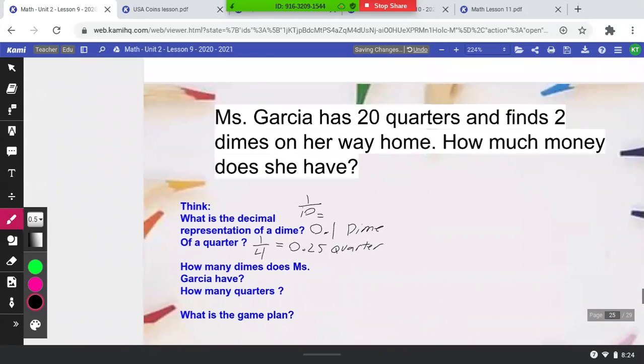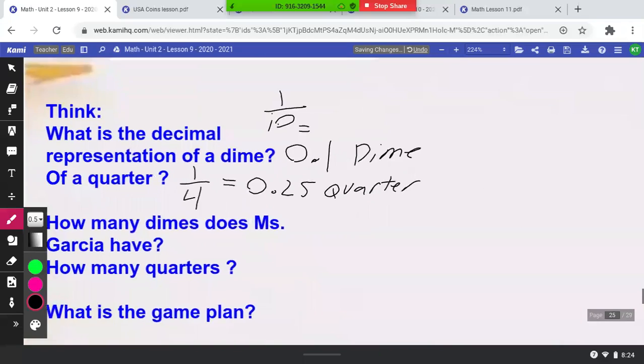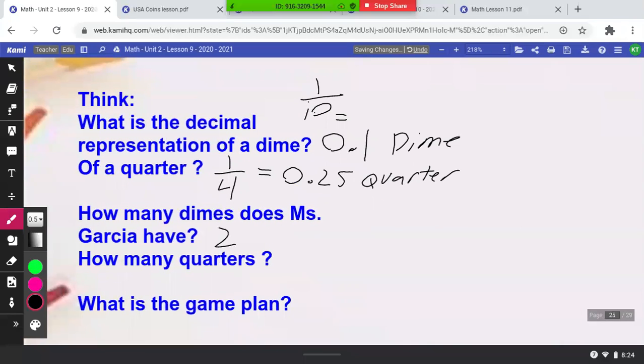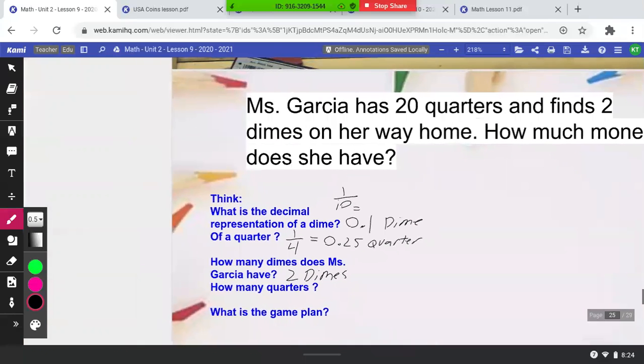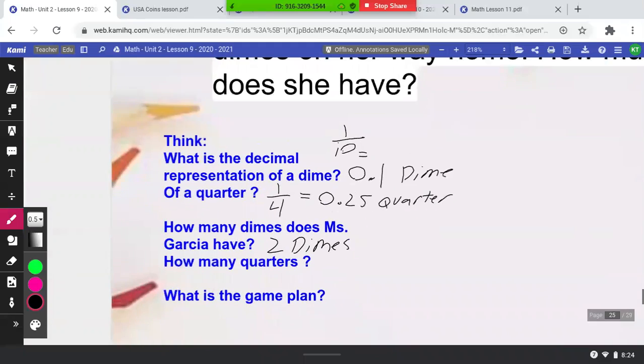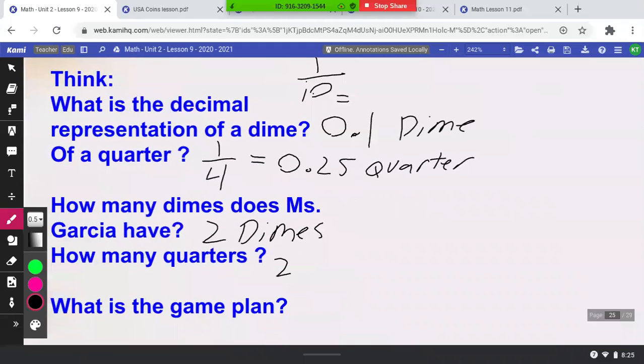Well, the question tells us she finds 2 on her way home. 2 dimes. How many quarters? It says she has 20 quarters. That's a lot of change to be carrying around. Oh, I almost wrote dimes. I bet her pockets are jingling, moving around. Quarters.